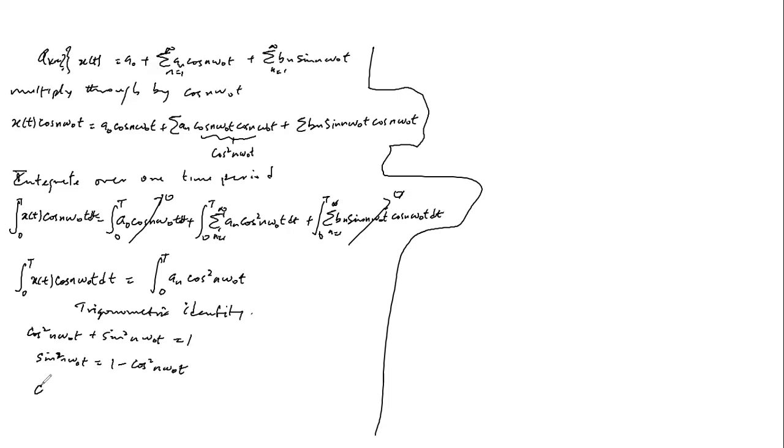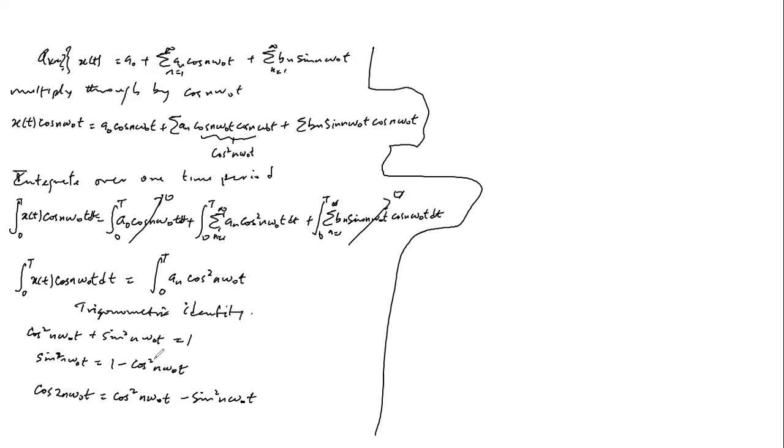But cos 2n omega naught t is the same as cos squared n omega naught t minus sine squared n omega naught t.